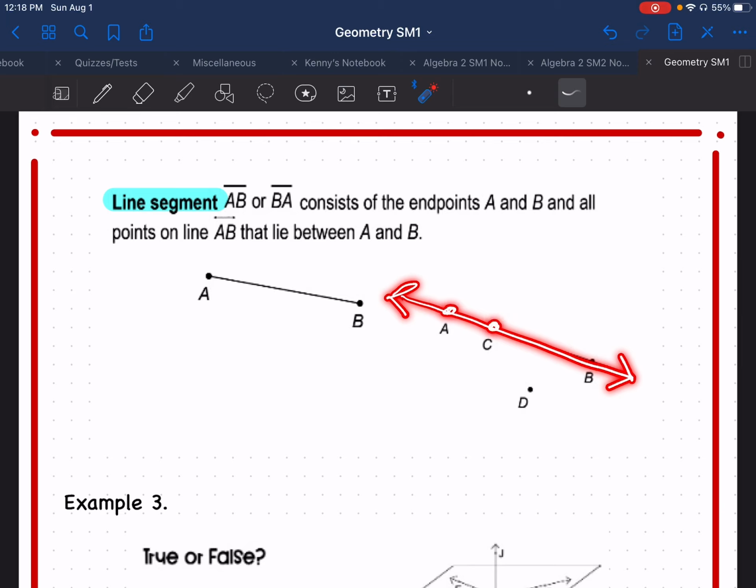There's a segment between A and C, here's a segment between C and B, and here's a segment between A and B. It's just like I'm chopping off the rest of the picture. This point out here, I could use it to create segments if I wanted to, but it's not on the line, it's not collinear.